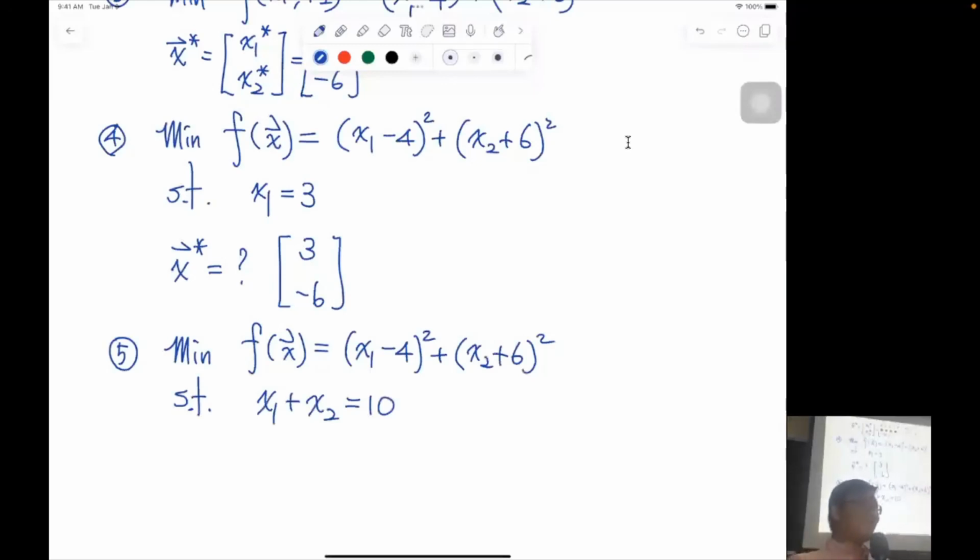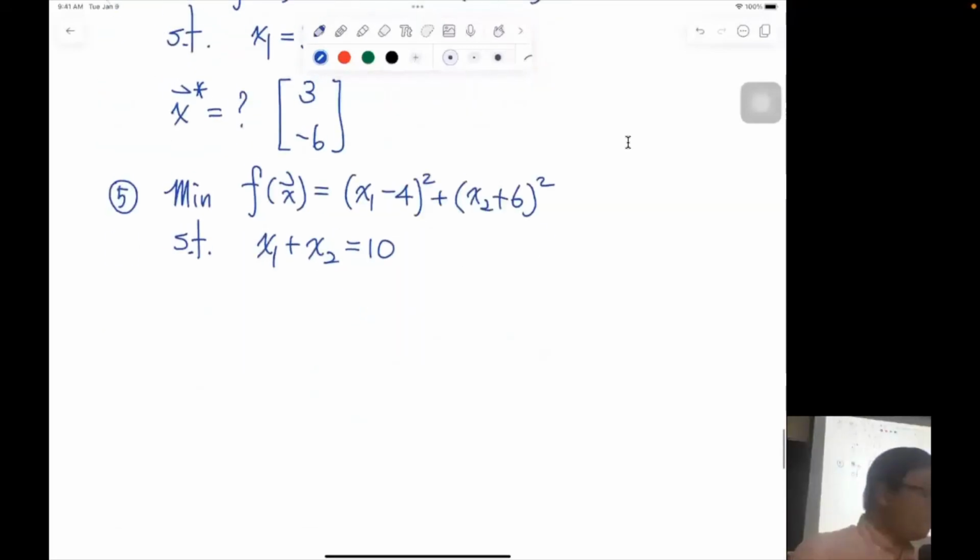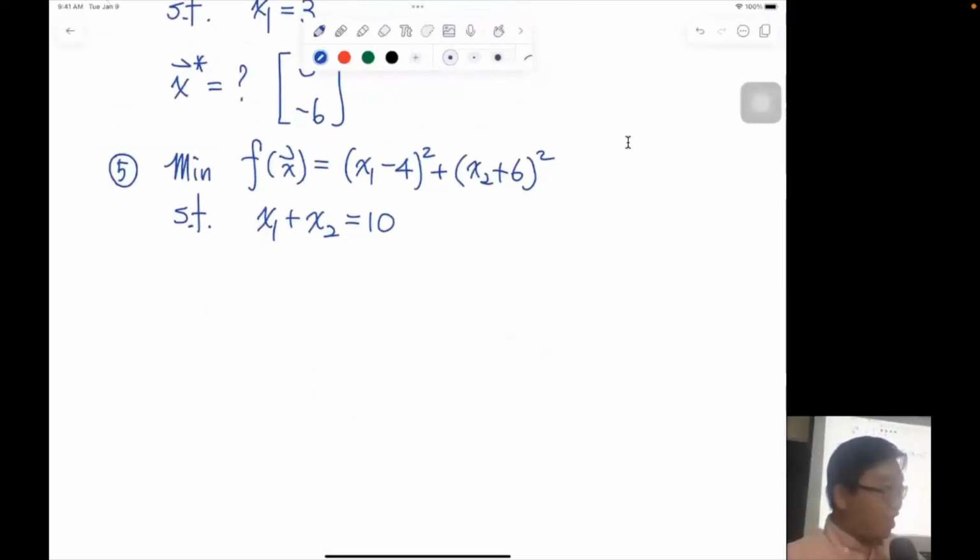Then it's very hard. So in mechanical design or optimization design, usually the functions are not that simple. It's not like you observe and then you know the answer. But if you have a problem like this with two variables, you can make a drawing. Let me show you.